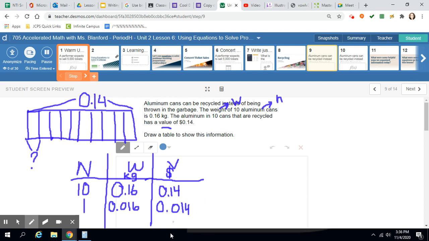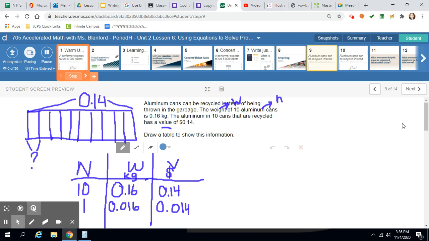So this is telling me how much one can is worth. So, okay, if I'm looking at this in money ways, it's like a little more than a penny, right? Because this is 1 cent and then 4/10 of a cent, if that makes sense. Even though we can't really get paid that much, we are going to use this for when we're calculating later on. Okay, so we have this.